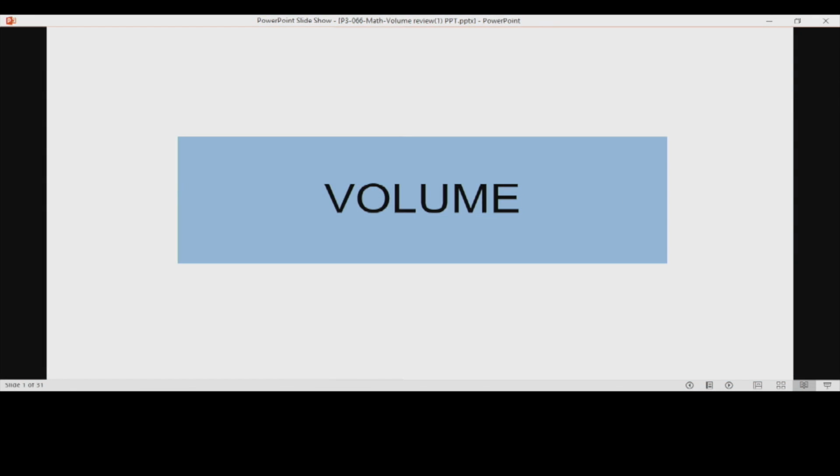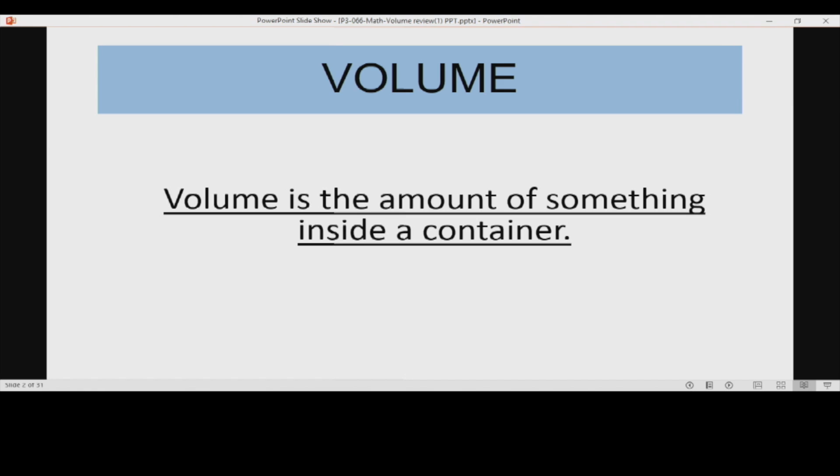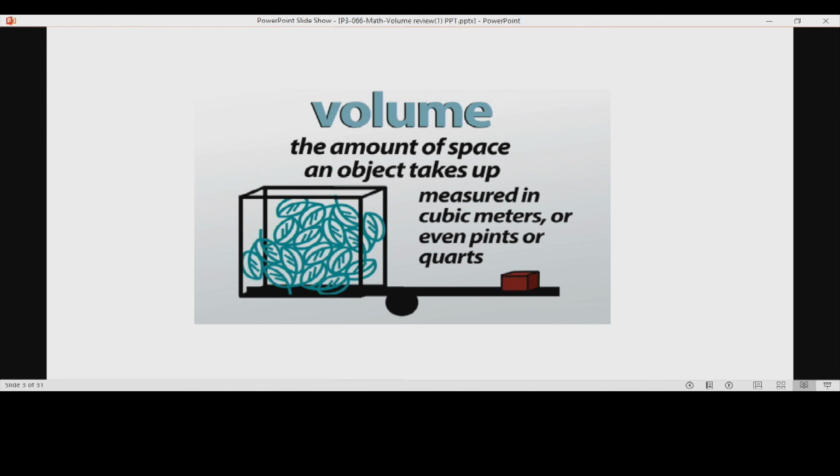PowerPoint presentation about volume. And we'll look at capacity also. So volume. Volume is the amount of something inside a container. You can see here the amount of space an object takes up.